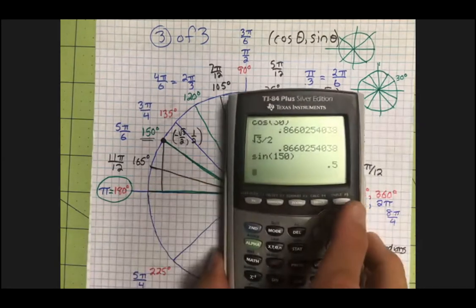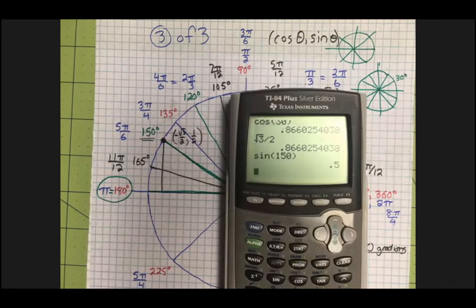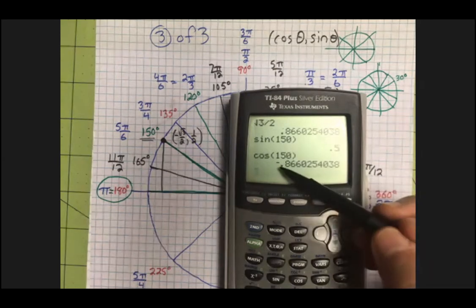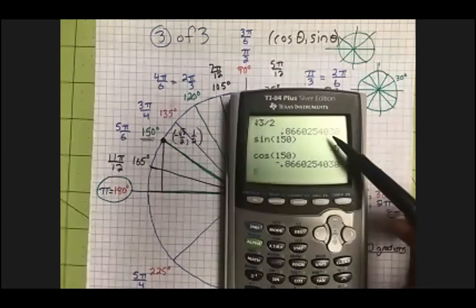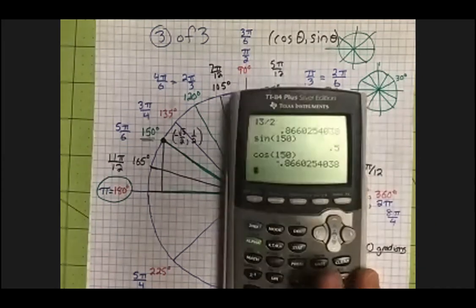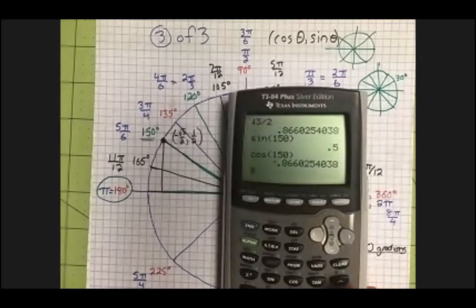Let's try cosine of 150. It is negative of root 3 over 2. Exactly what we had a second ago for root 3 over 2. Try to show that so that the light is not shining on the screen. Sorry.